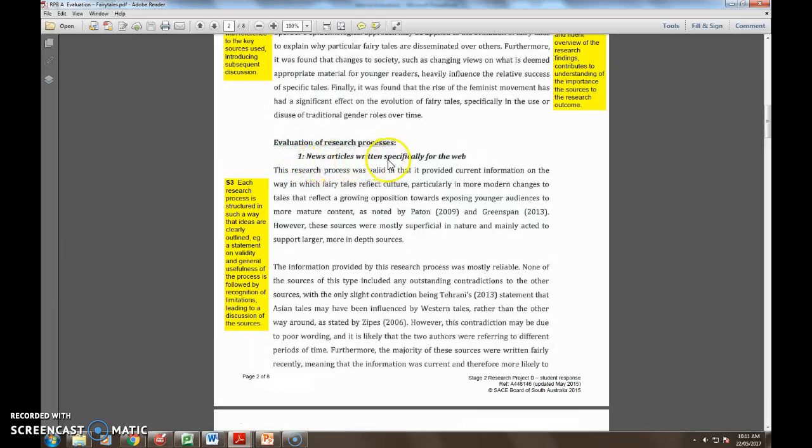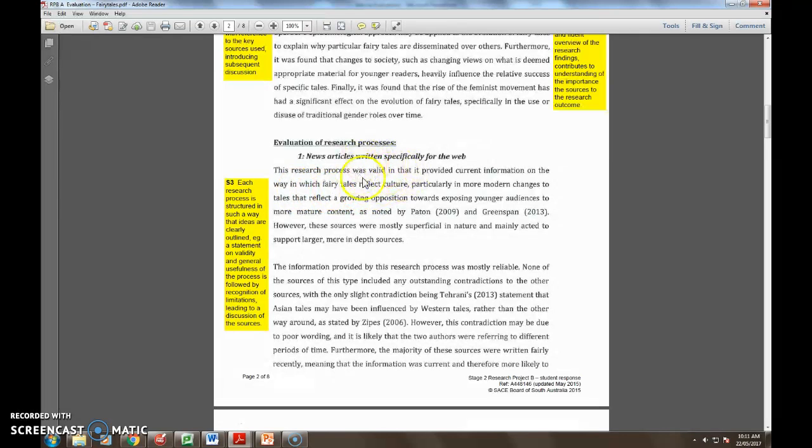So we've got news articles written specifically for the web. This is a breakdown of the research process. We know that this is internet-based research, and we know that this is what she was looking for, specific news articles. Now they've made a judgment up here. This research process was valid in that it provided current information on the way in which fairy tales reflect culture.